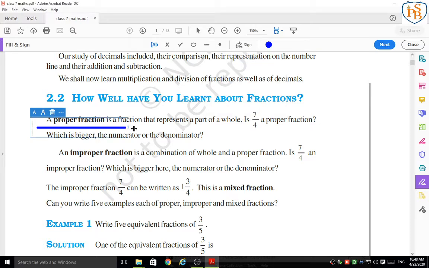A proper fraction is a fraction that represents a part of a whole. That means a part of one is known as a proper fraction.